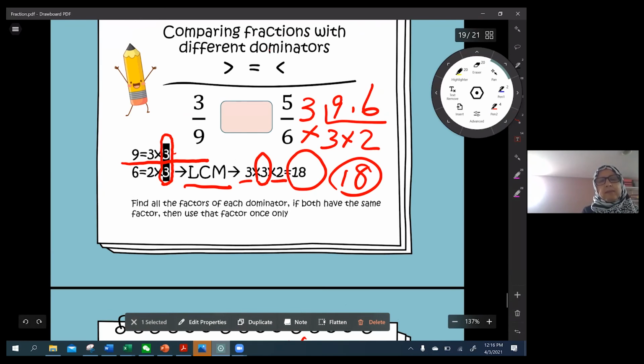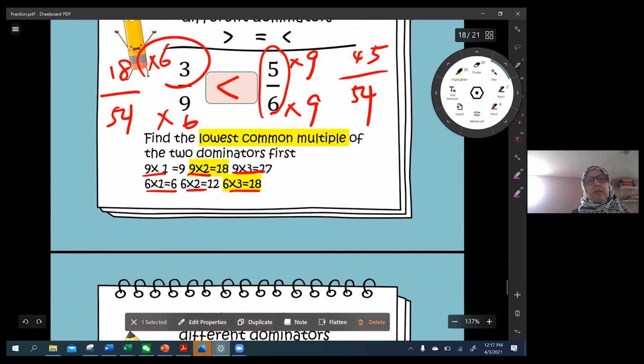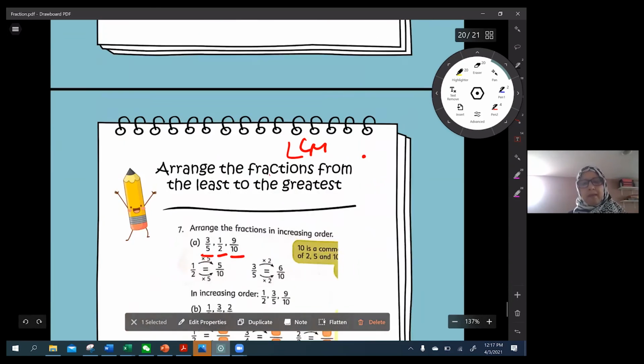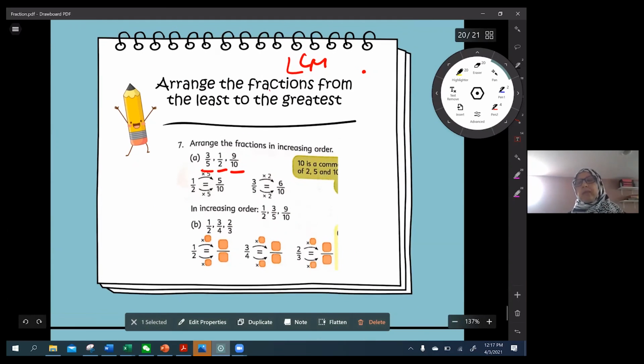Let me scroll back a little bit. Lowest common multiple: when you do the multiplication, eventually they get to the same number. Can you recall the term lowest common multiple? Common means they share the same multiple. And the lowest.